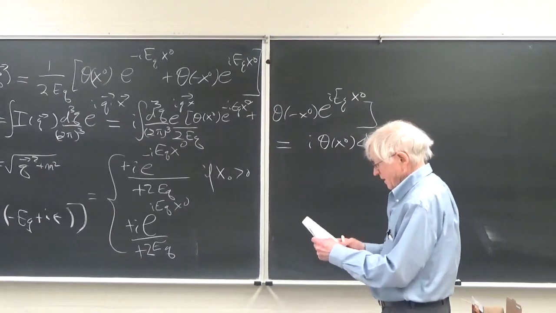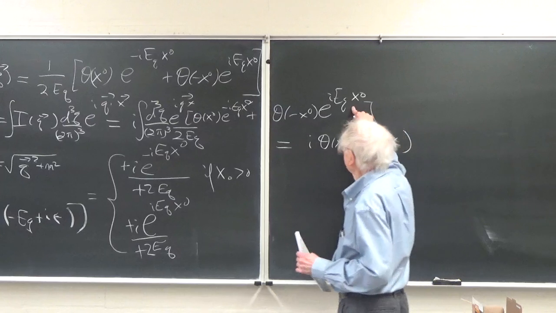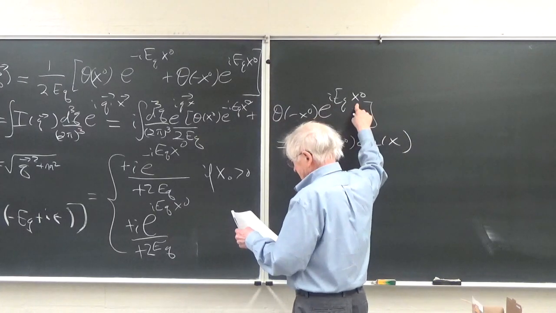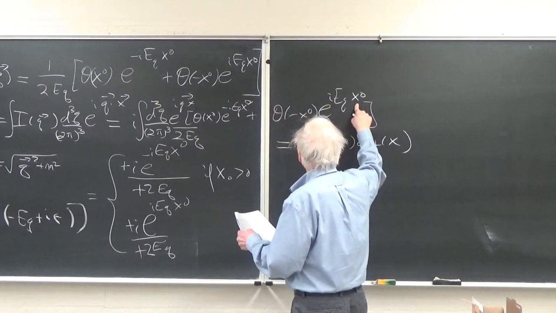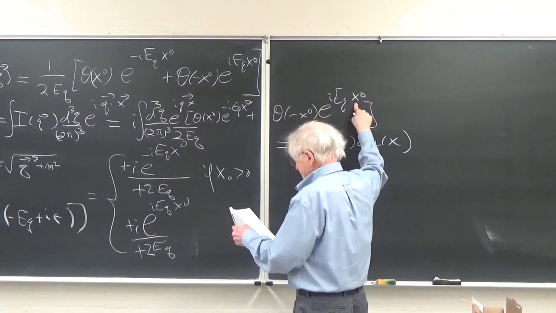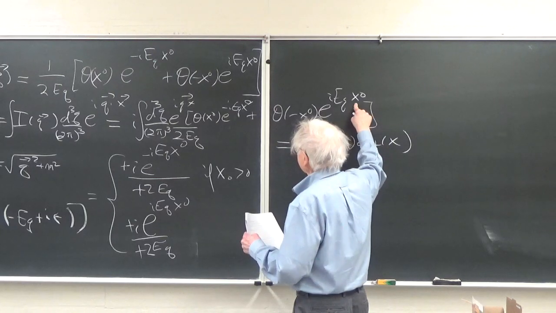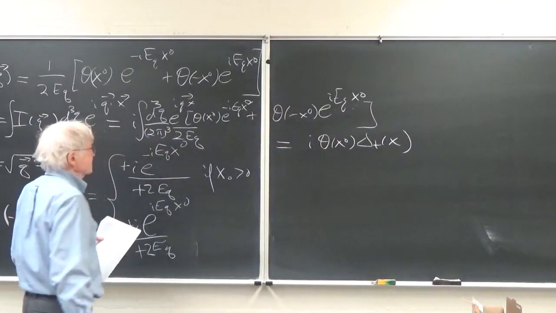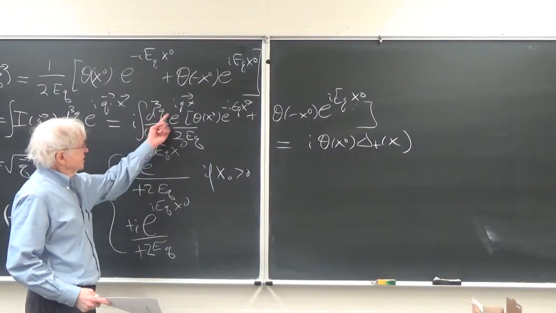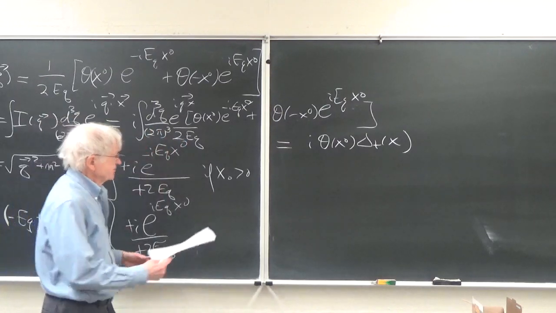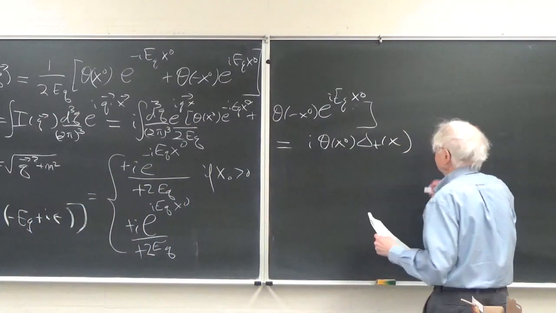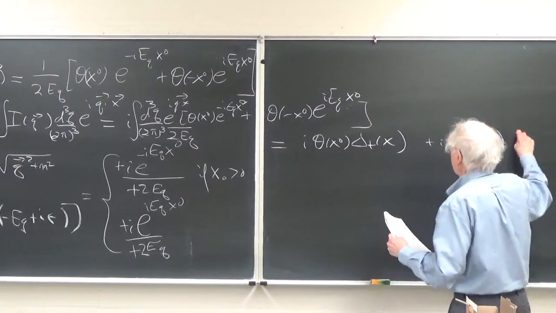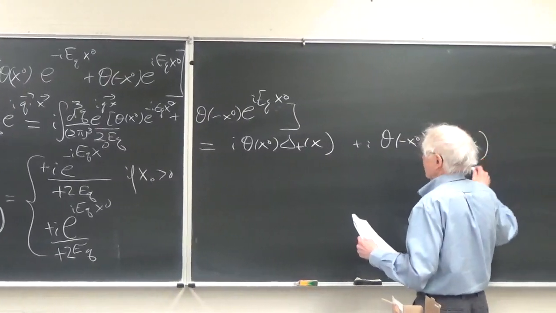And now what we've got is theta of minus x0 e to the I q x0, and this is, we can flip q to minus q because q vector only occurs quadratically, and so this is equal to plus I theta of minus x0 delta plus of minus x.